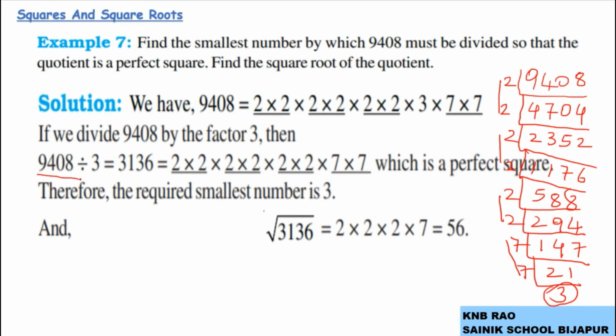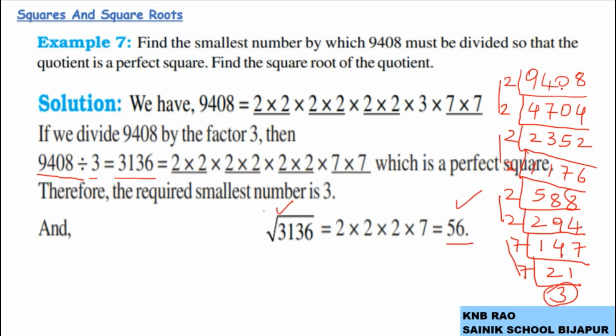When 9408 is divided by 3 it gives a number 3136, which is a perfect square, and square root of that number is 56, since from each pair we get one prime factor, whose product is 56.